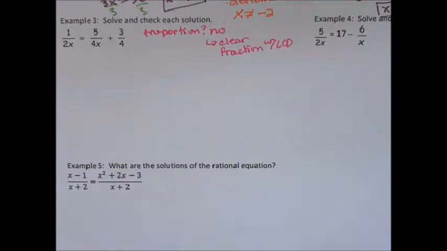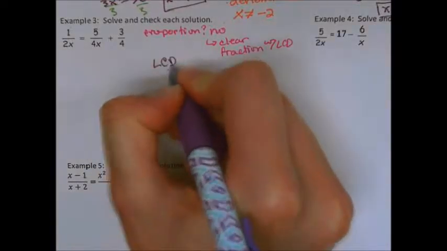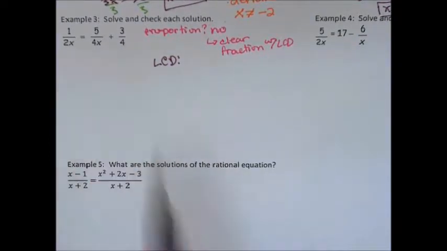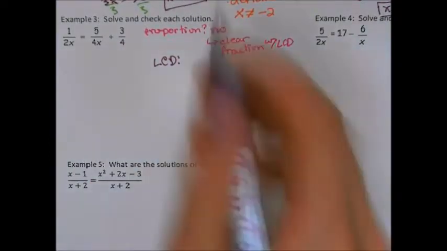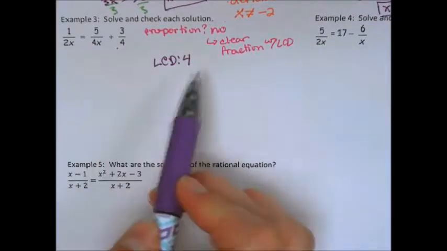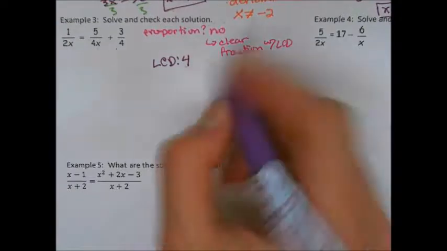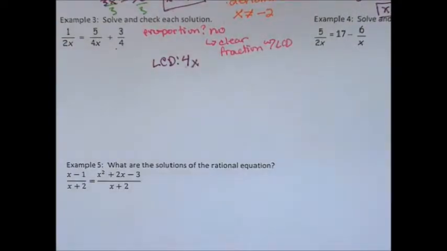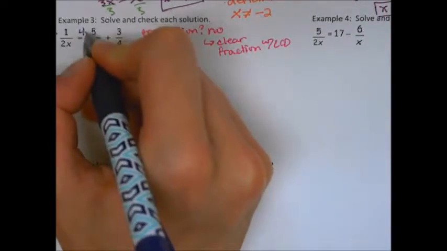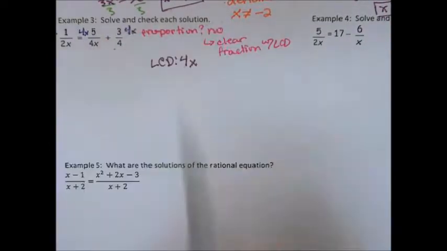So let's find our LCD, least common denominator. Let's see, I have a 2x, 4x, and 4. So this is going to give me 4, because for 2, 4, and 4, the least common multiple is 4. And then I'm going to need an x. And now we're going to times every fraction by 4x.